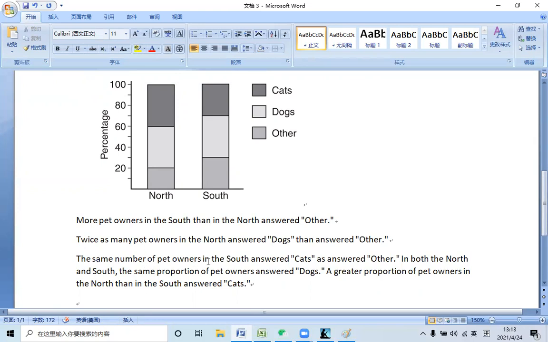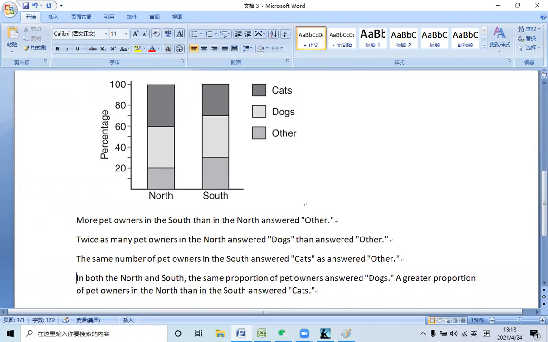The same number of pet owners in the south answered cats as answered other. So now we look in the south. Cats and other. Cats here. Yeah, this seems to be true. These two segments seem to be equivalent.